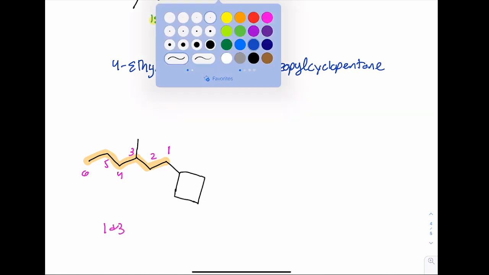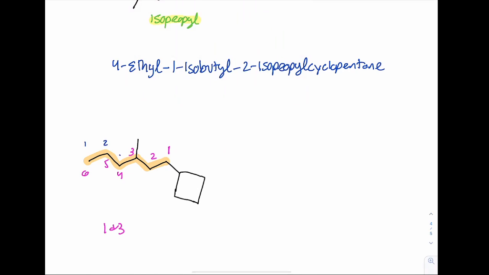If I would have gone the other direction, 1, 2, 3, 4, 5, 6, they'd be on 4 and 6, which is obviously much bigger when I add those together than 1 and 3. The name of this group, it's a 1 carbon group, so meth. It's an alkyl group, so it ends in YL, so methyl.